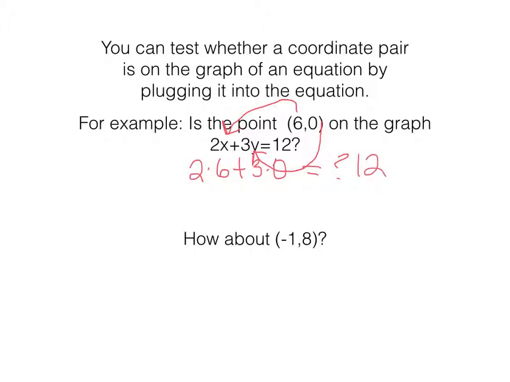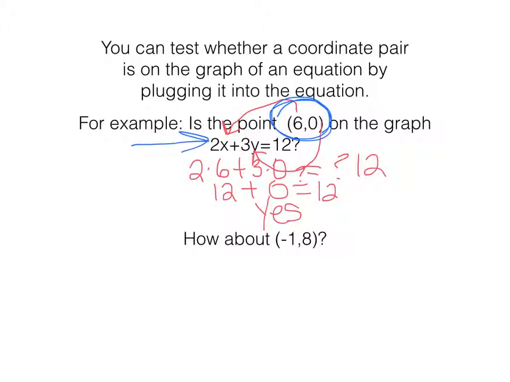Well, 2 times 6 is 12, plus 3 times 0 is 0. Does 12 plus 0 equal 12? Yes, it does. So we can say that the point (6, 0) is on this graph.